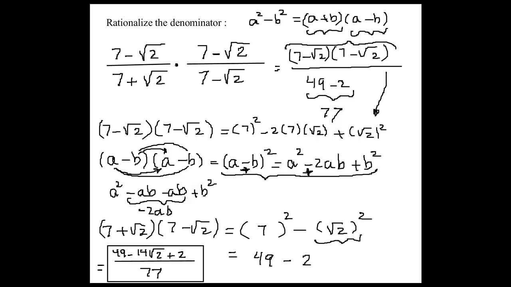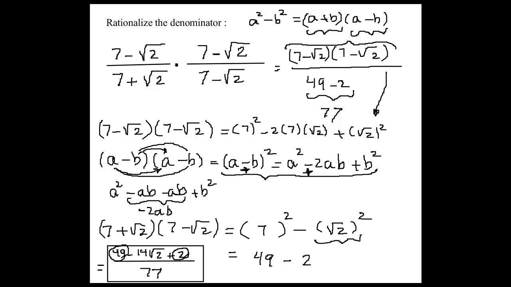So of course we need to combine like terms here also. So it would be 51. You have to combine these two and replace it with 51, of course. Okay, and then at the bottom of the fraction, it's not 77 either.